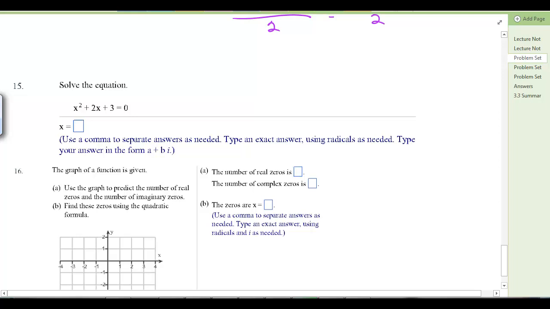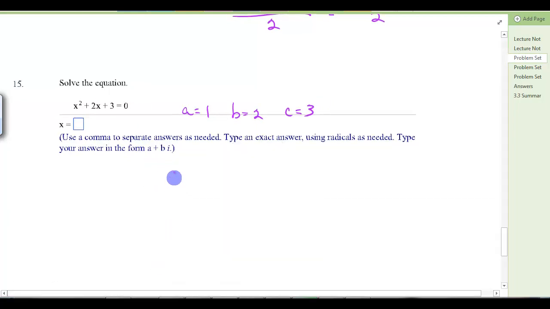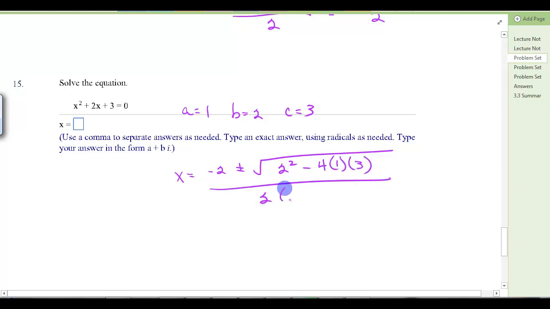All right, number 15. Same thing. So let's go ahead and work that one. a is 1, b is 2, c is 3. So we've got x equals negative 2 plus or minus square root of 2 squared minus 4 times 1 times 3 over 2 times 1.